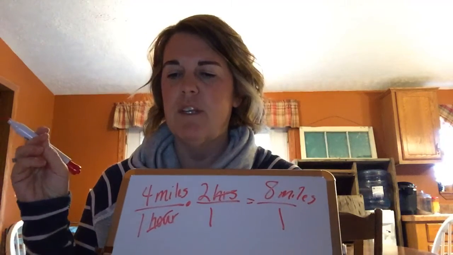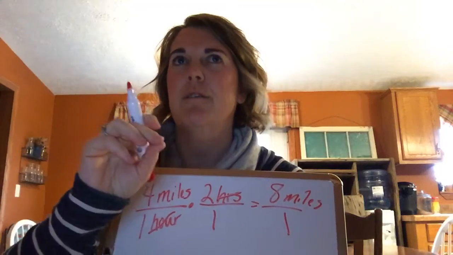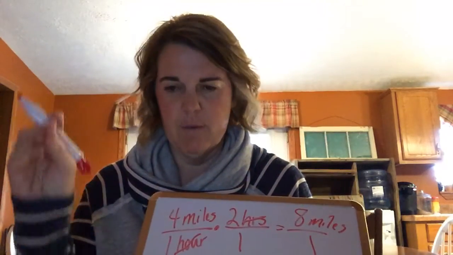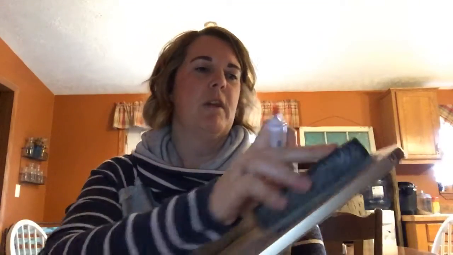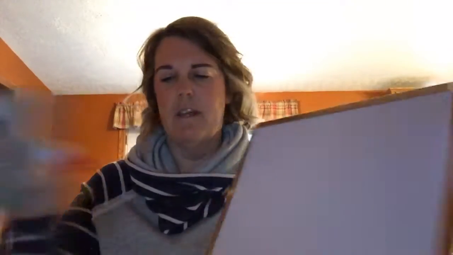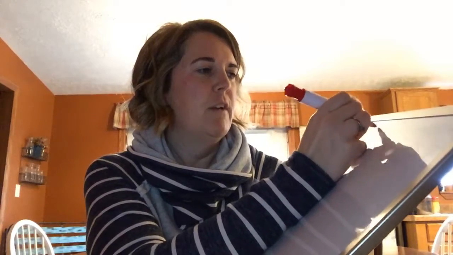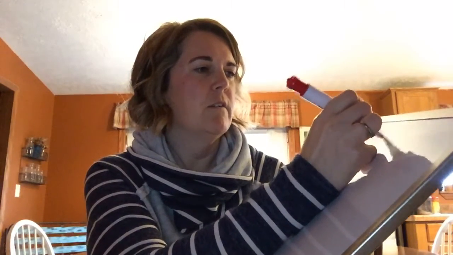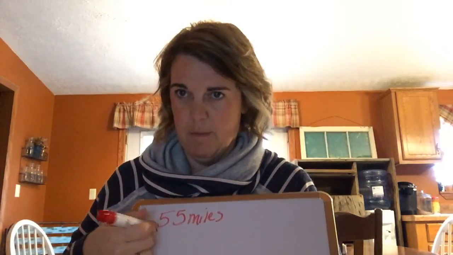So when we reduce rates before we multiply, we get rid of words also. So that's the tricky part. That's the new part of the lesson today. So if we look at number 1, it says multiply 55 miles per hour by 6 hours. So remember, we go 55 miles, and what does per mean? It's this line, remember?